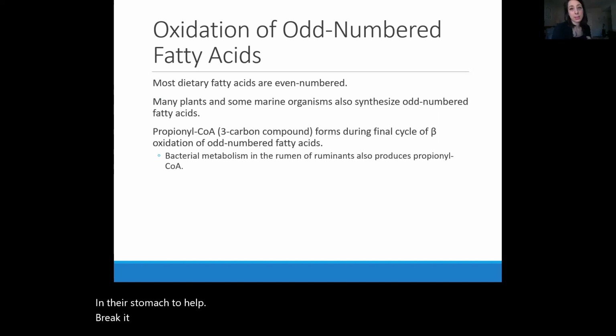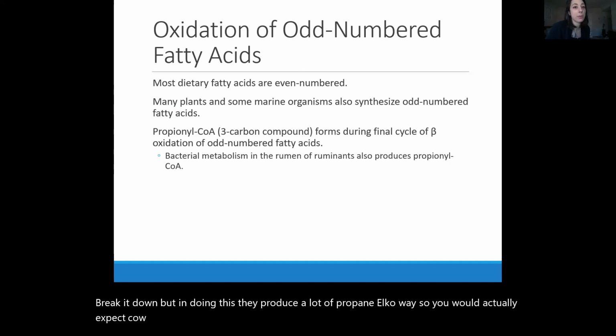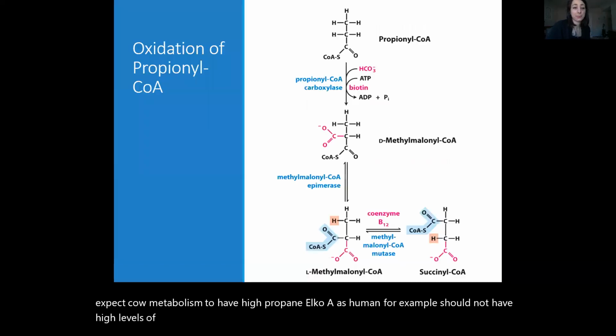But in doing this, they produce a lot of propionyl CoA. So you would expect cow metabolism to have high propionyl CoA, while a human, for example, should not have high levels of propionyl CoA.